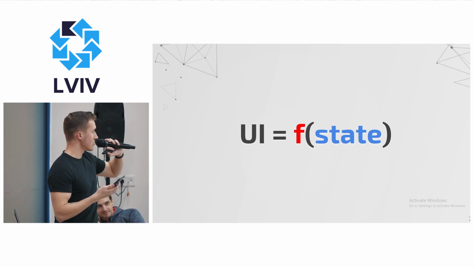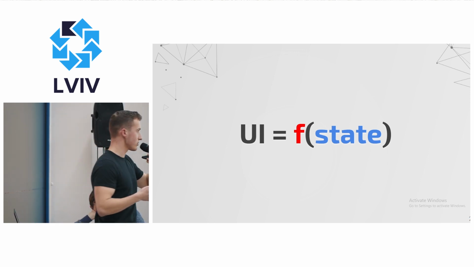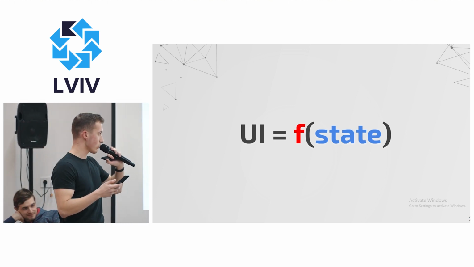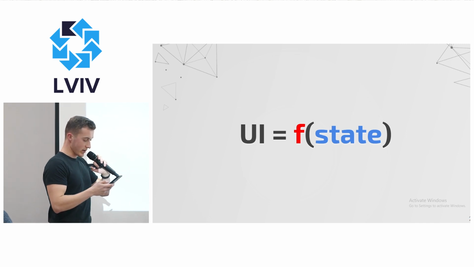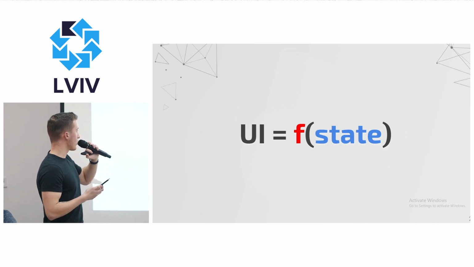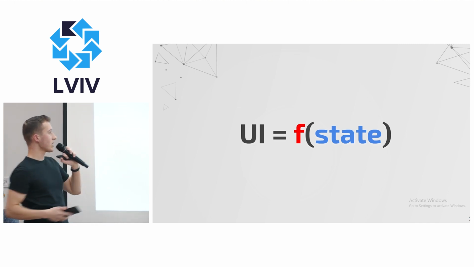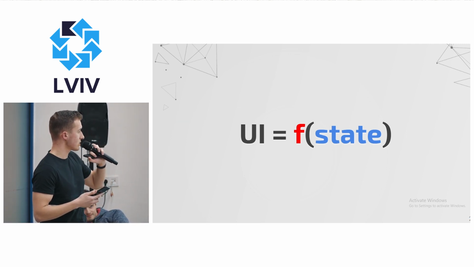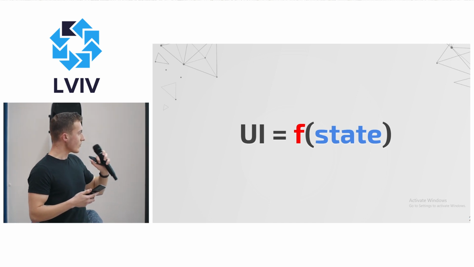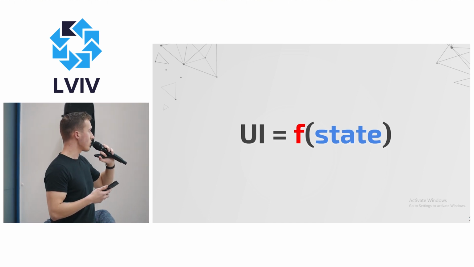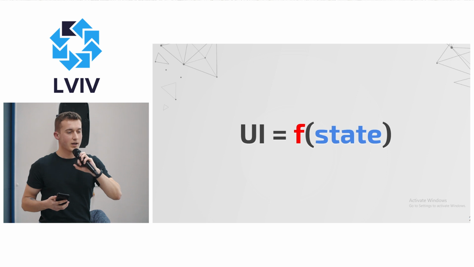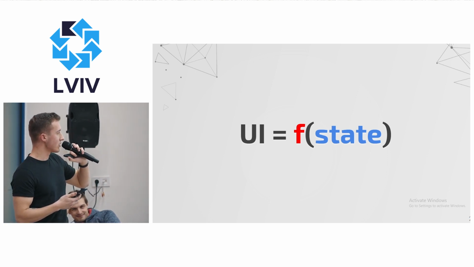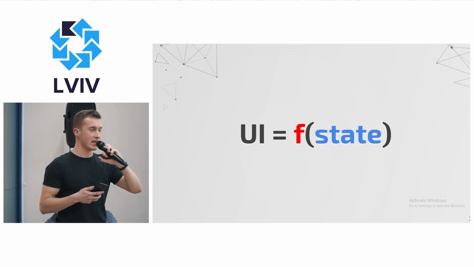Okay, let's go back to this formula. I'll try to explain why it is like that. You see, we have this UI on the left side of the equals, and this is a function of state.